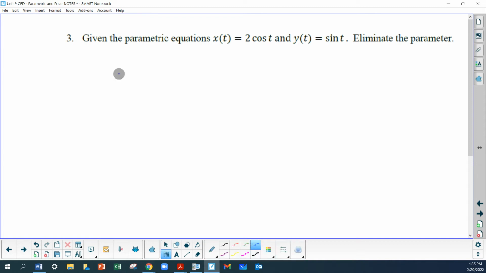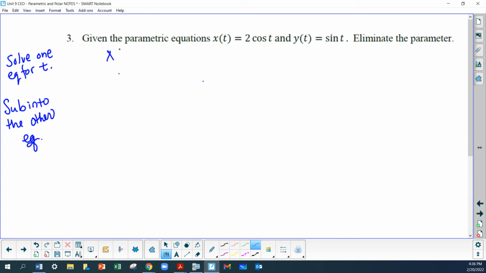It's not as easy using the laptop. Just keep in mind, you're going to solve one equation for t, and then you'll sub into the other equation. That's essentially the steps we need to do.